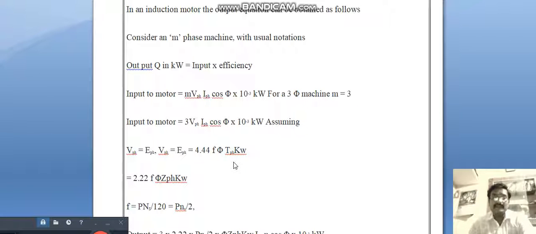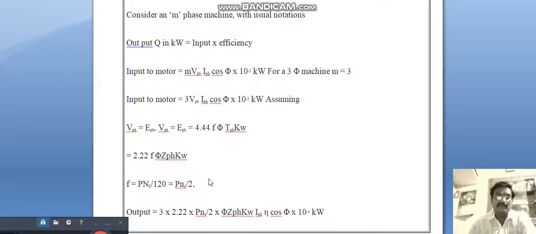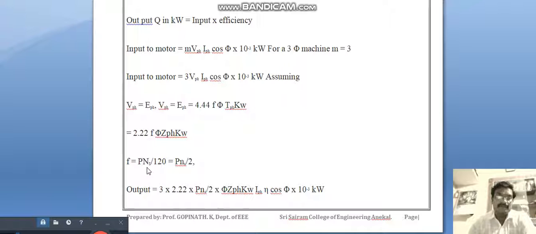Instead of T phase, if we substitute the value of Z, we will get 2.22 f phi Z phase Kw, because T phase is equal to Z phase by 2. Now f: we know Ns is equal to 120 f by P, so from that, f is equal to P Ns by 120.